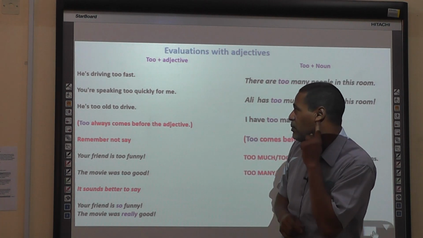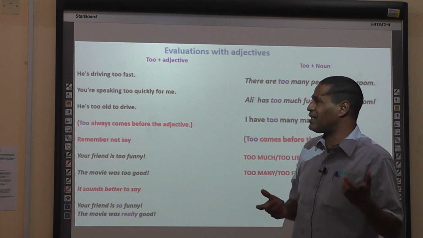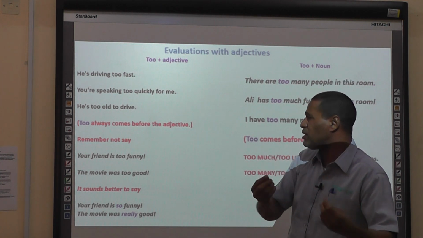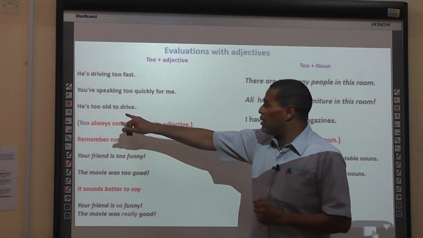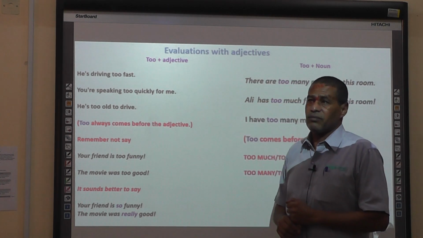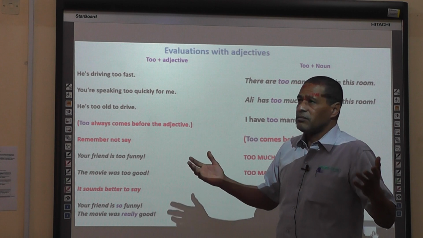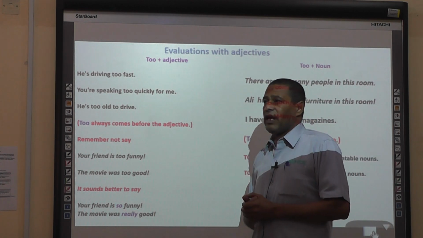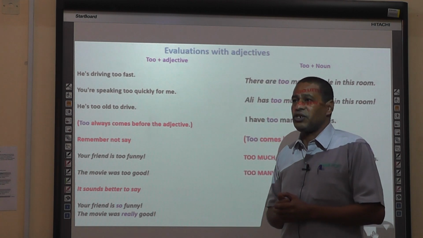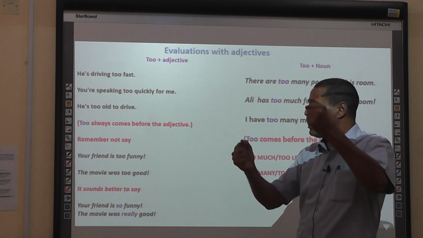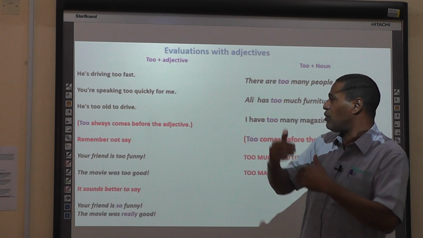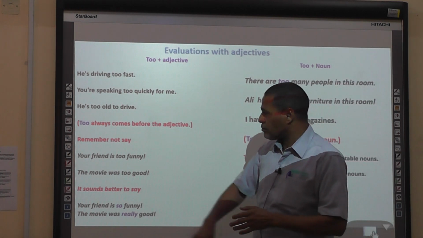So this person is speaking too quickly, and I can't understand what you are saying. Speak slowly, please. "He is too old to drive." That means his vision is not okay, maybe his hands are shaking, he cannot control the car, so he's too old to drive.